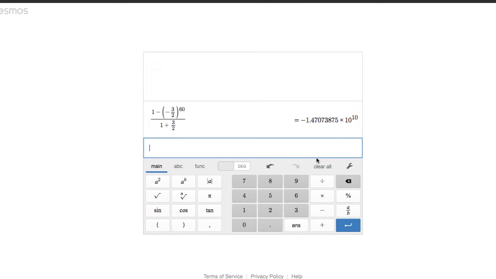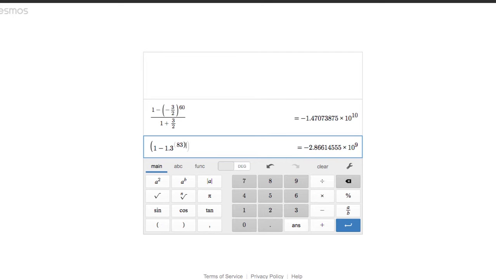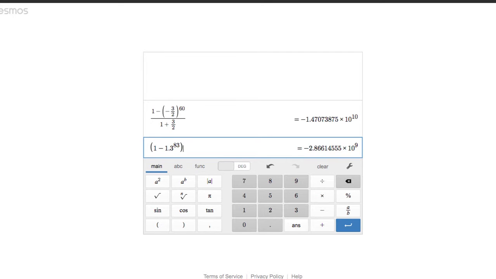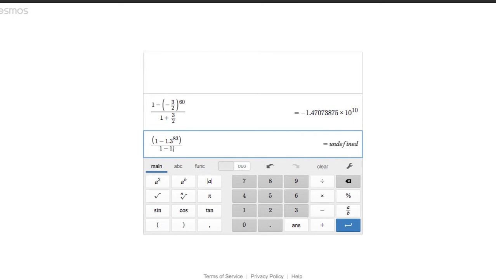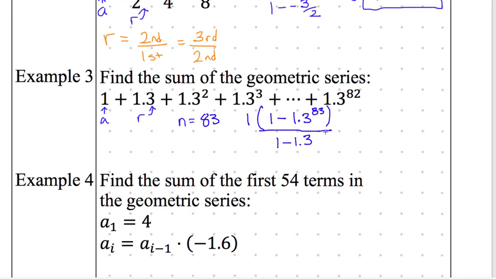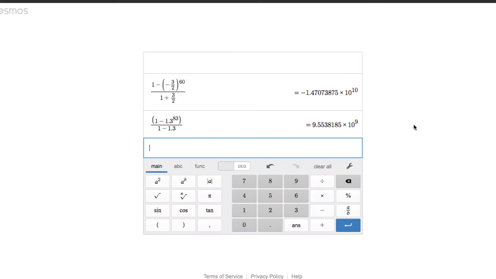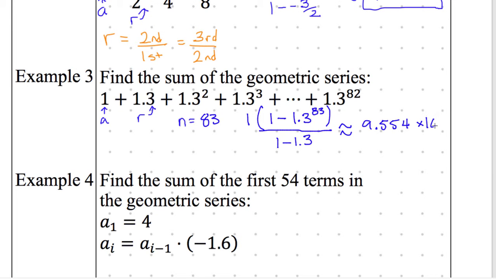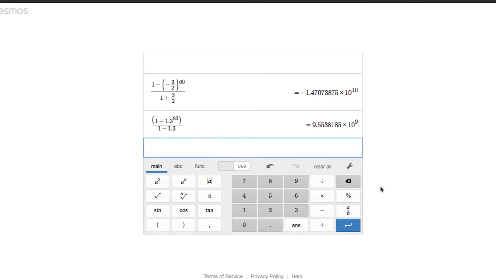So we get 1 minus 1.3 to the power of 83, all of that divided by 1 minus 1.3. And you get 9.554. This is approximately equal to 9.554 times 10 to the 9th. Oh my God.